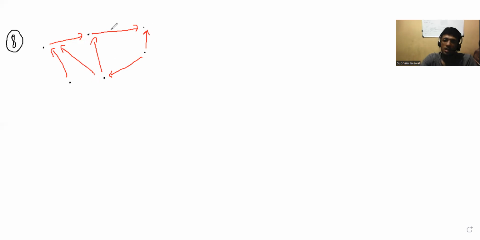So let's say this was the original graph, and the new graph that has been given is the following. The change has been made here.